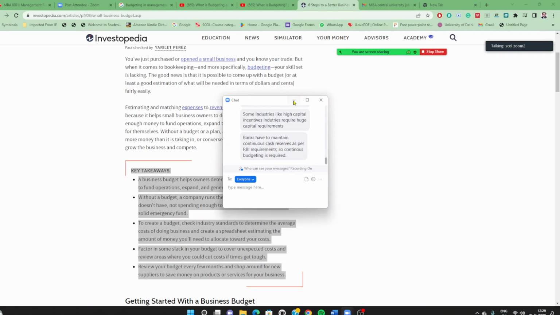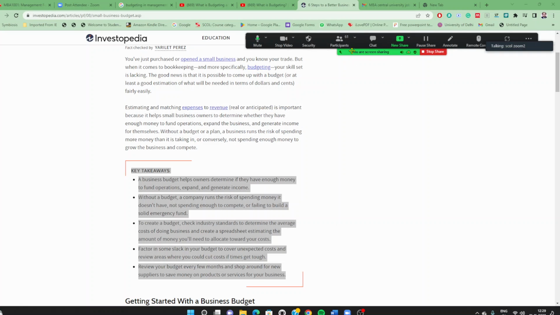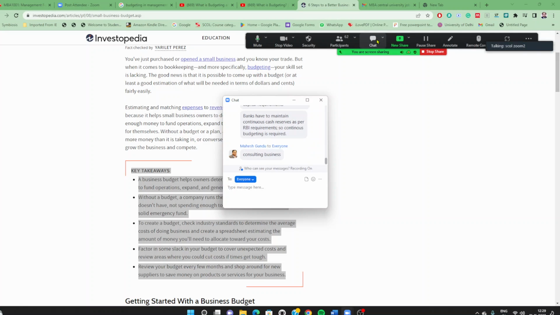Can you quote any example of any service industry where most of the spending is on human resources? Anybody? Any example where the resource allocation is most, if not 100%, I would say. Yeah, somebody has said consulting business. Good, Mahesh.